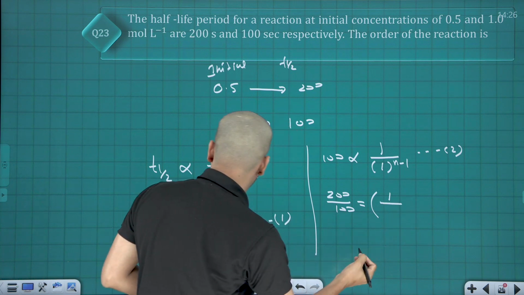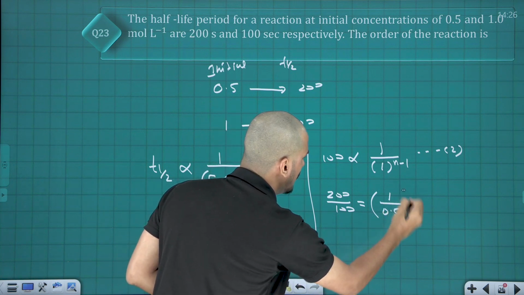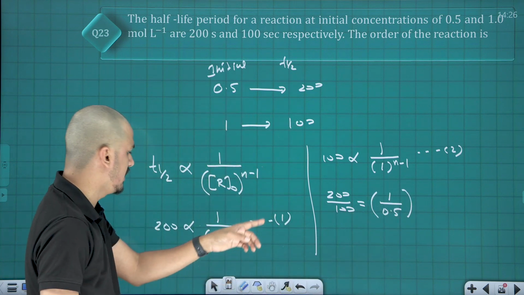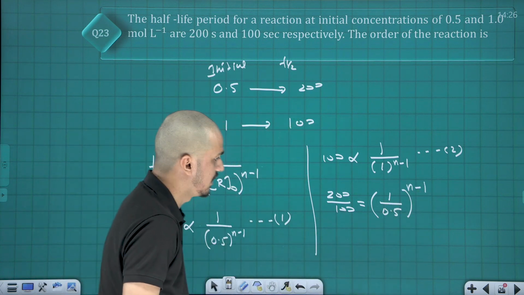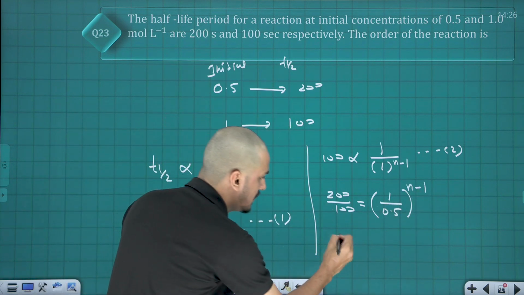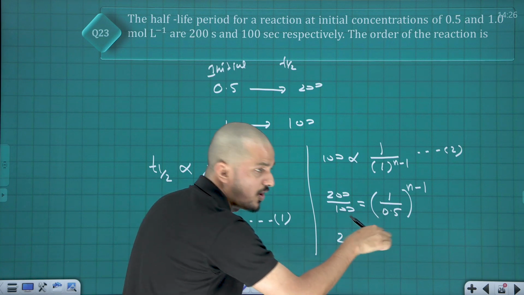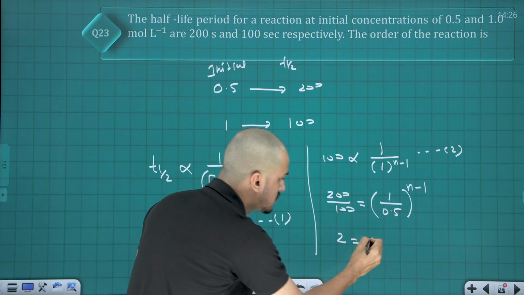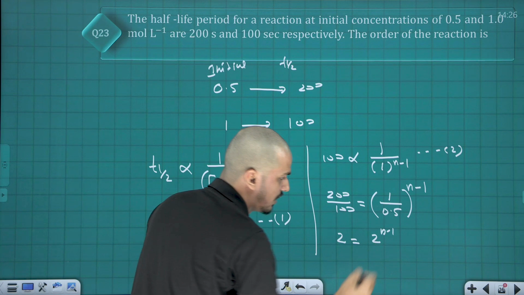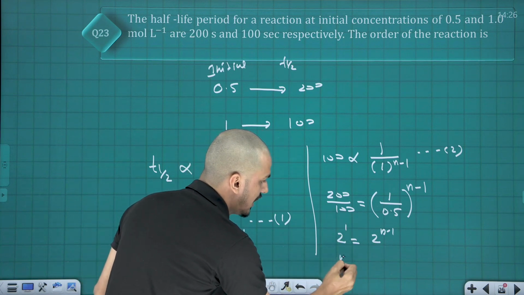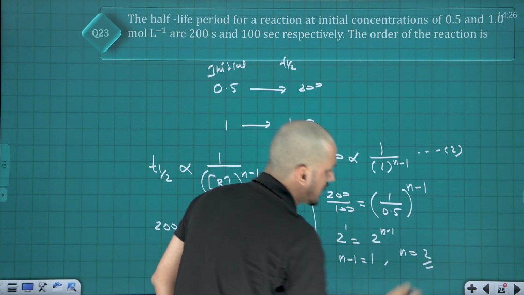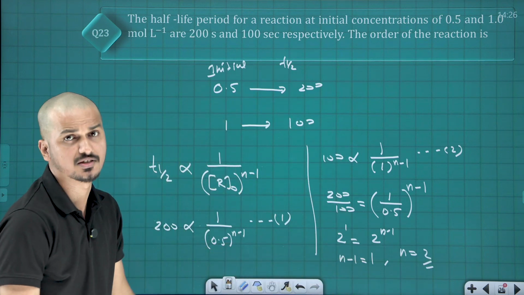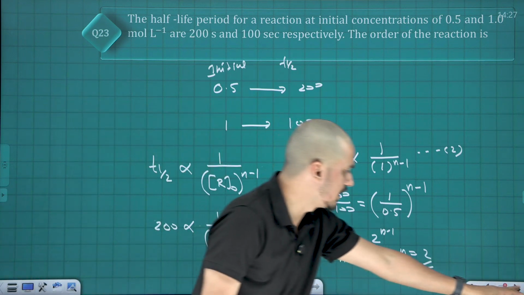So 1 divided by 0.5, all raised to n minus 1, will be there. 200 by 100 means 2. 2 equals 1 by 0.5, which is 2, raised to n minus 1. So n minus 1 equals 1. N equals how much? 2. So that's a second order reaction. Is it okay? Yeah. We can move to the next question.